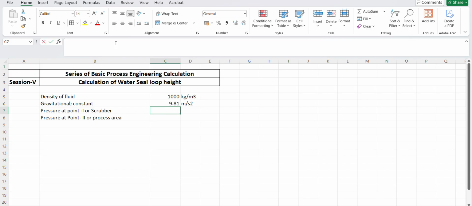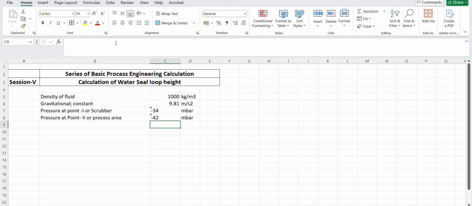Then we assume here that at the scrubber we have minus 34 mbar of pressure, and at the reaction side or process side we have minus 42 mbar of pressure.